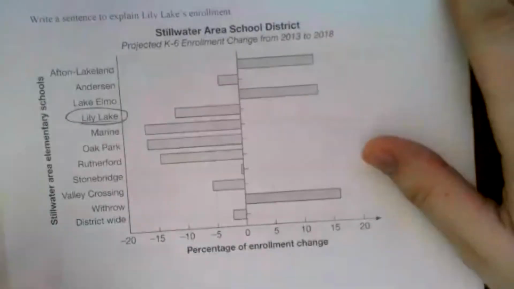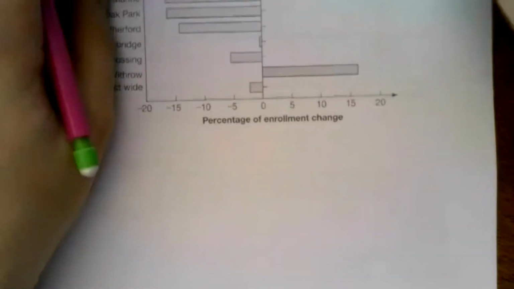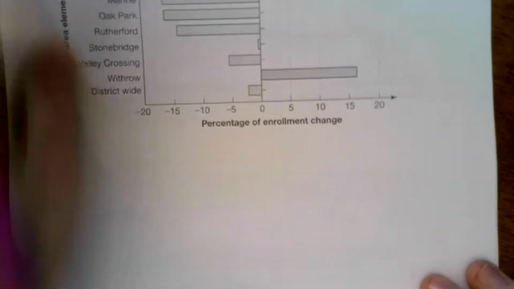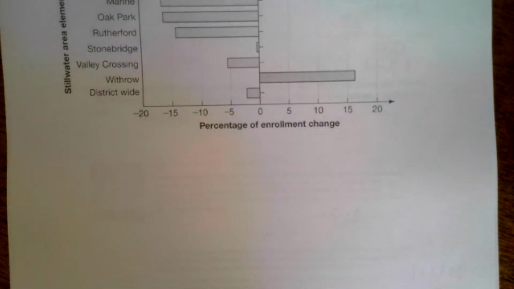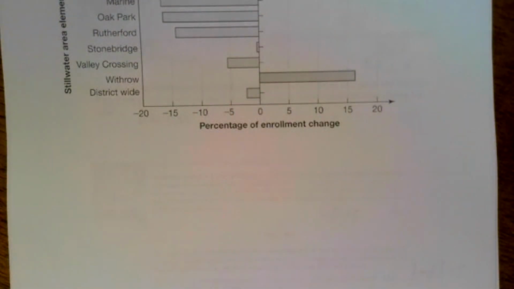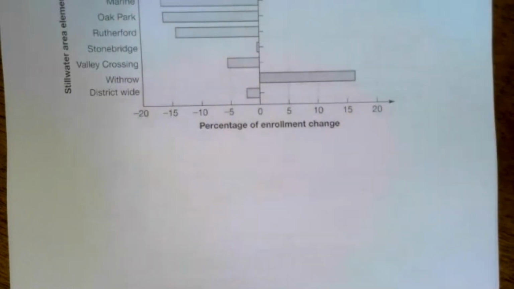How has the enrollment changed over the last 5 years for that school? Anyone have any ideas? How can I write a sentence to explain that?